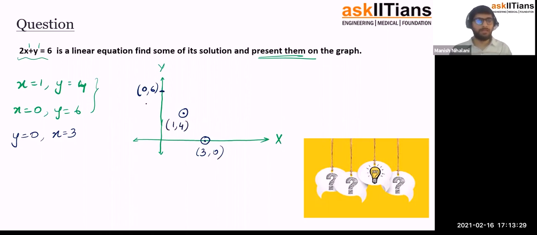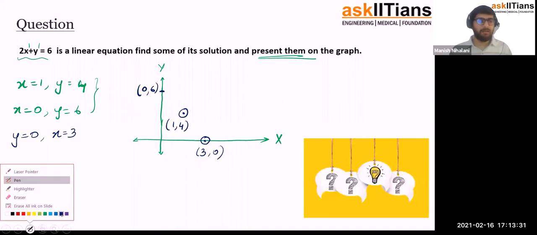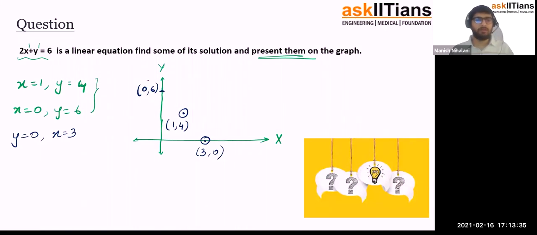Now if you connect these points by a straight line, you get the graph of the equation 2x plus y is equal to 6. This is how we plot the graph of an equation, by taking a couple of points and joining them.